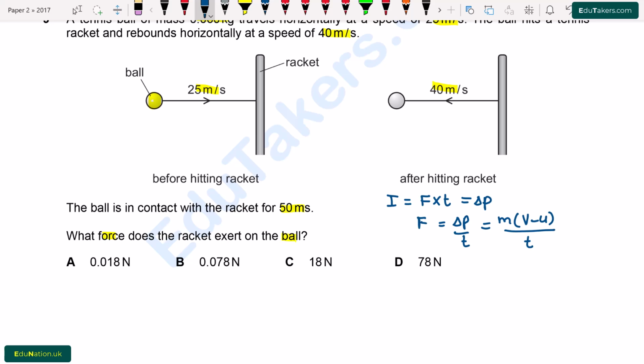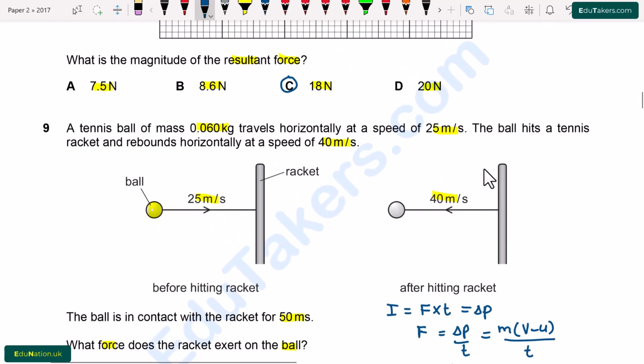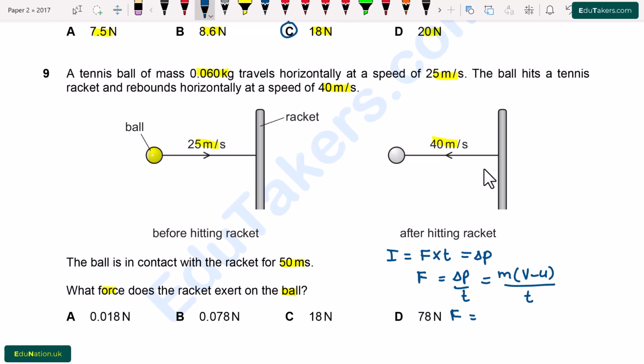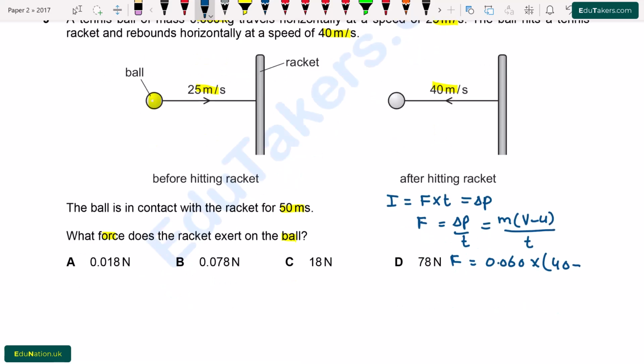So I write here F is equal to mass is given, which is 0.060 multiplied by V. V is 40 meter per second minus U is 25 meter per second, and it will be minus 25 because of the opposite direction, divided by time is given 50 millisecond, and there will be 10 power minus 3.